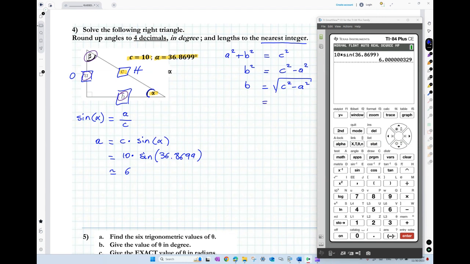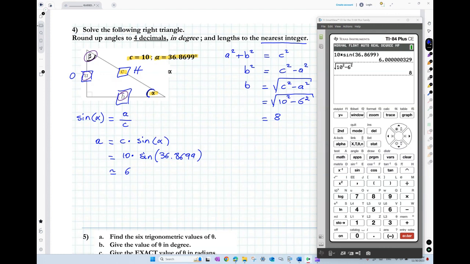And I will have, therefore, for B, square root of 10 squared, the square of the hypotenuse, minus 6 squared, the leg that I found. And if I press square root of 10 squared minus 6 squared, I've got 8.